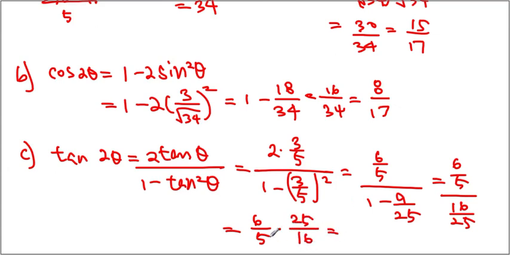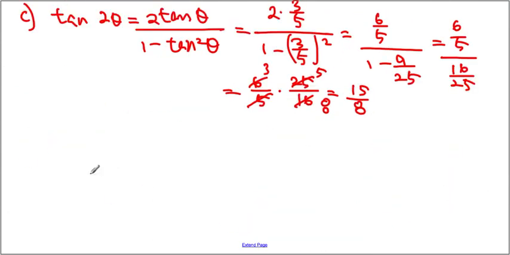Once you simplify this one further, it becomes 5, 3, and then 8. We end up getting 15 over 8. Now, since all values are positive, we get to realize that part D was finding out the quadrant. Since all of them are positive, it must be first quadrant.